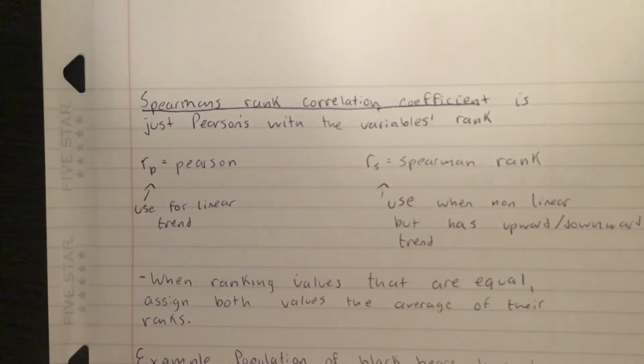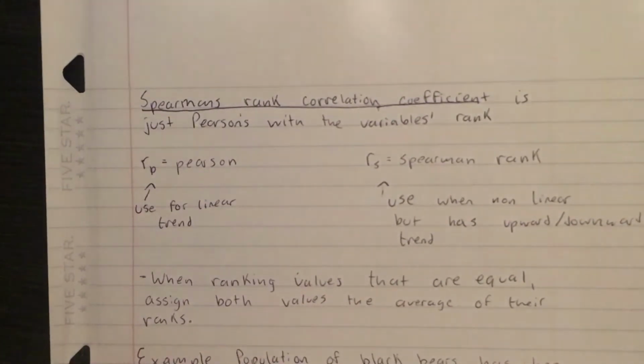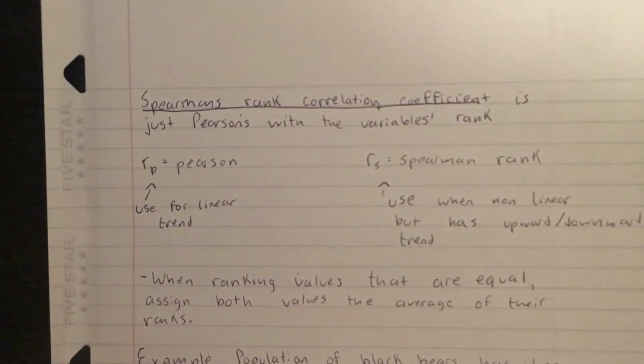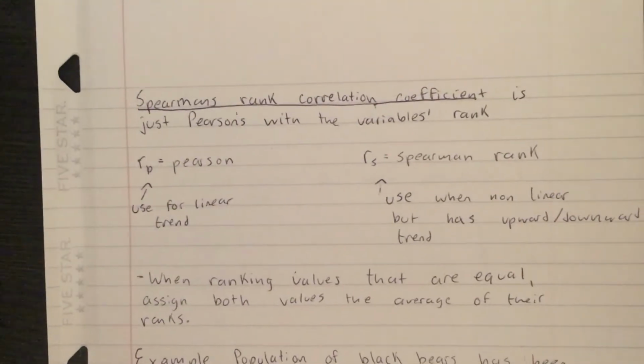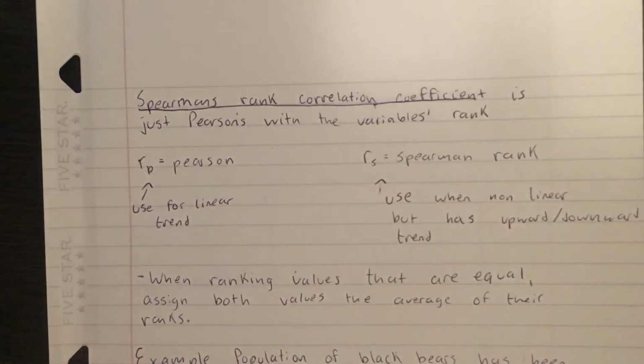And we're just going to run Pearson's once we rank these things. I'm generally going to list these smallest to highest. If you look at the examples, they will generally be smallest to highest. If you look elsewhere, some people choose to do highest to lowest, but in this course, we're going to do lowest to highest.